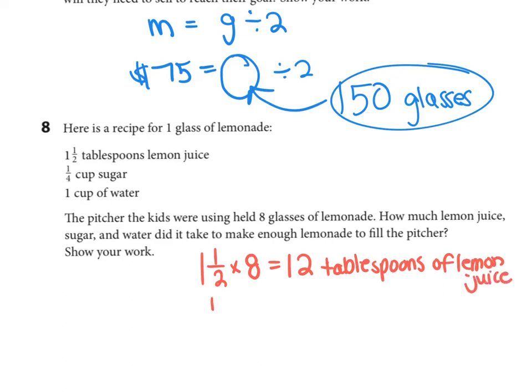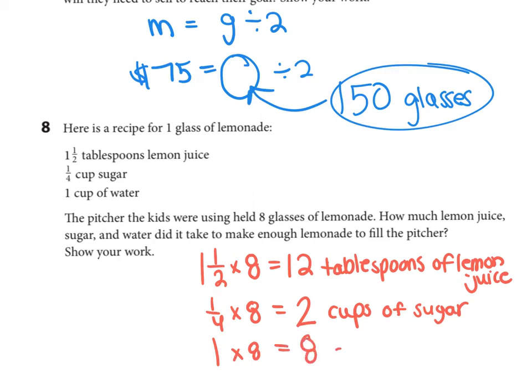And then 1/4 times 8 would tell me my cups of sugar. I know that that's 8/4, which is the same as 2 wholes. So 2 whole cups of sugar. And then 1 times 8 tells me how many cups of water, and that is 8 cups of water.